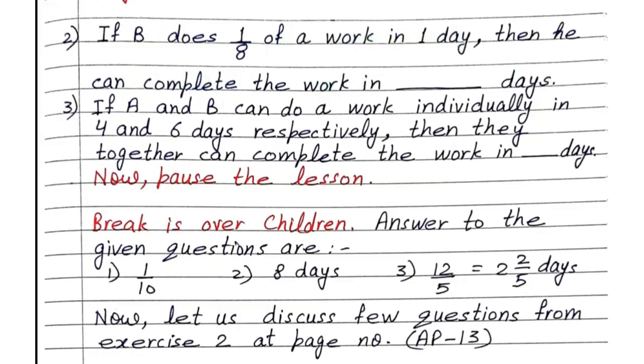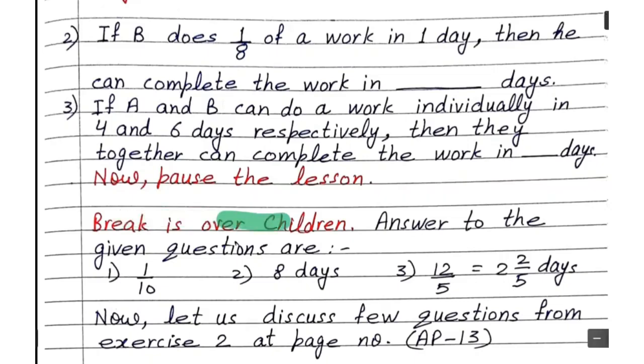So here we need to find the number of days. Third: if A and B can do a work individually in 4 and 6 days respectively, then they together can complete the work in dash days, right? Now children, you can pause the lesson.